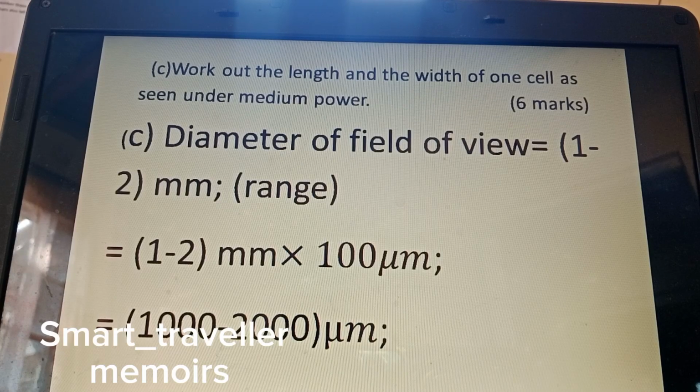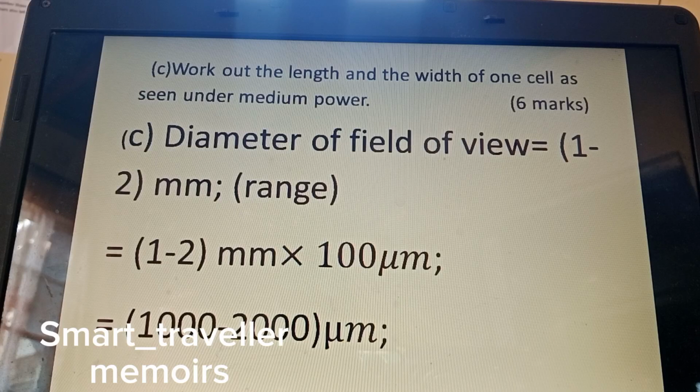Work out the length and width of one cell as seen under medium power, where you are being given 6 marks. So follow here. You are supposed to get the diameter of field of view which was between 1 to 2 millimeters. Your teachers have taught you in Form 1 how to get the diameter of field of view. So the range was between 1 to 2 millimeters.